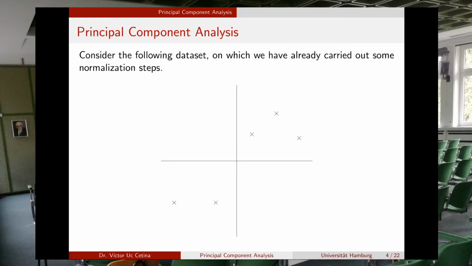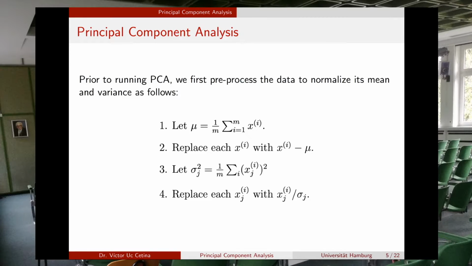Normalized in this sense means that if you compute the mean of the points, the mean is going to be 0, and also that the values that each of the variables x1 and x2 can take are in the same scale. So how can we normalize this dataset?